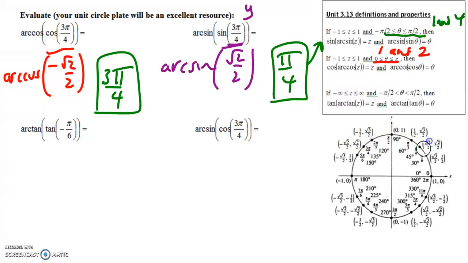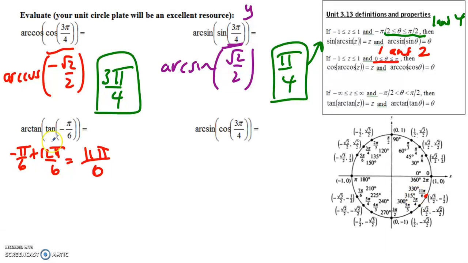Next example, the tangent of negative pi over 6. Some of you might look at negative pi over 6 and say, I know that is going down from the x-axis, so you know that it lands here. But if you are confused by that, you could think about coterminal angles, meaning if you took negative pi over 6 and added 2 pi, or 12 pi over 6, you would land at 11 pi over 6, which is this position here.